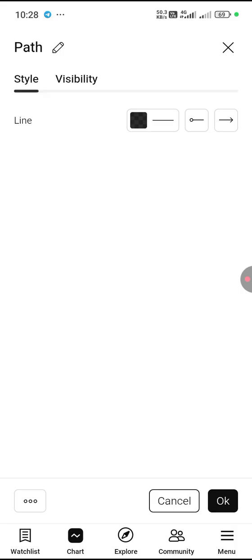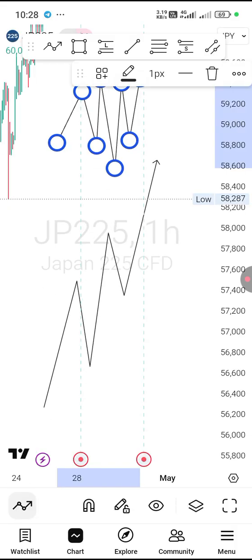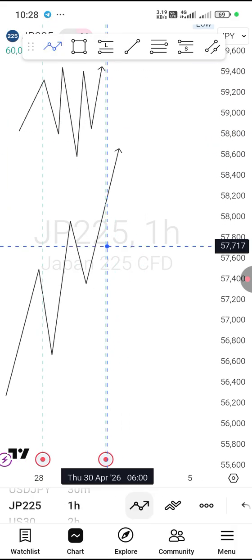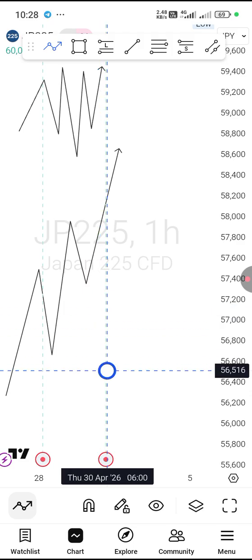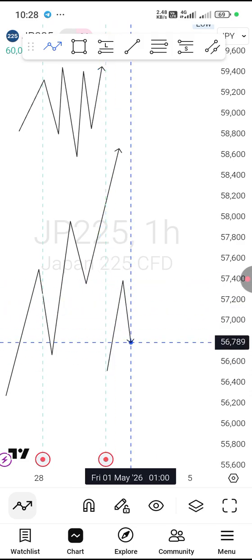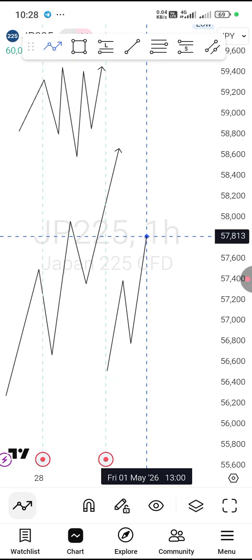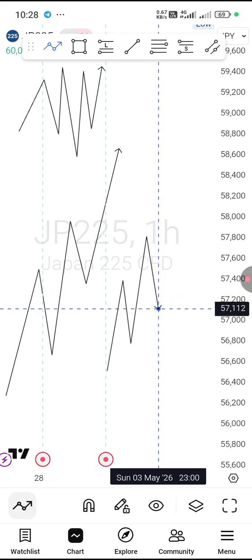Now this is what market structure looks like at a much more advanced stage. Market goes up, comes down, creates a higher high, comes down to create a higher low.